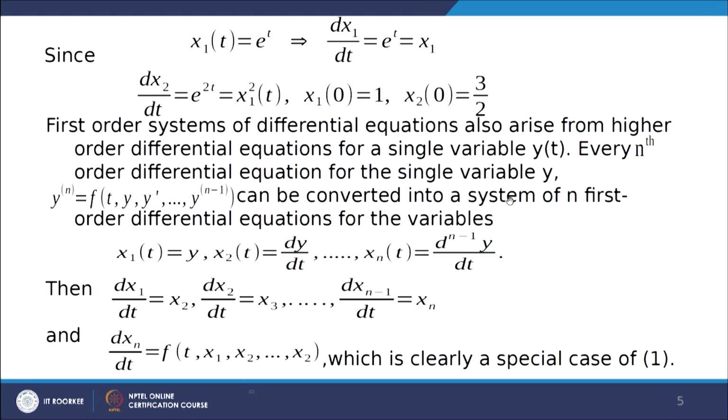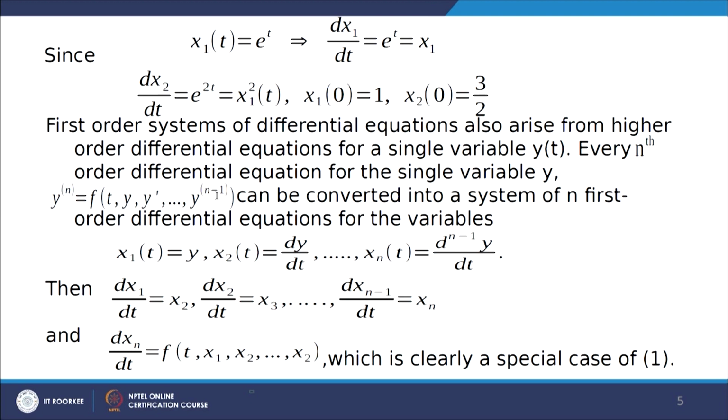So, it can be converted into a system of n first order differential equations for the variables x. Now, what we do is we will convert this nth order differential equation to a system of differential equations of first order.